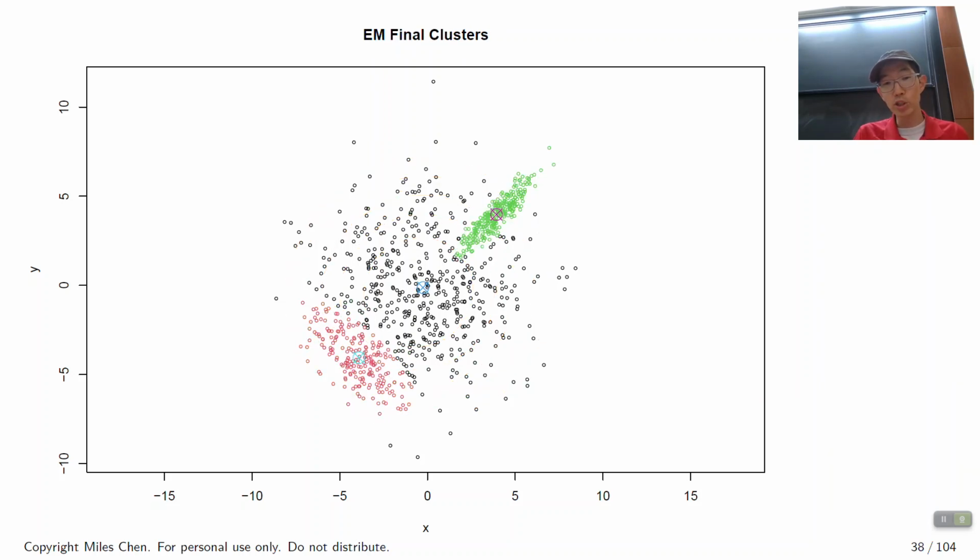Here were the original clusters, or the true groups. Again, what gets labeled black or red or green is arbitrary, so it's fine that it's different. What you see is that according to this, the most probable thing over here is everything is green, and the most probable thing for everything down here is red.